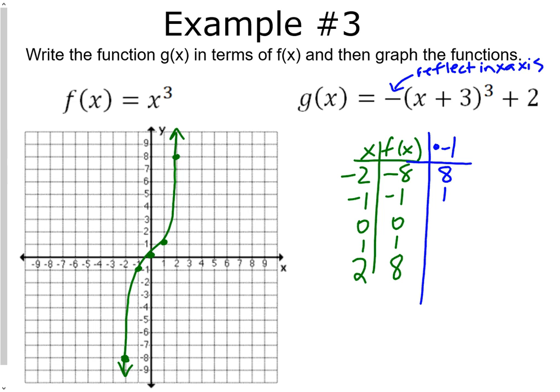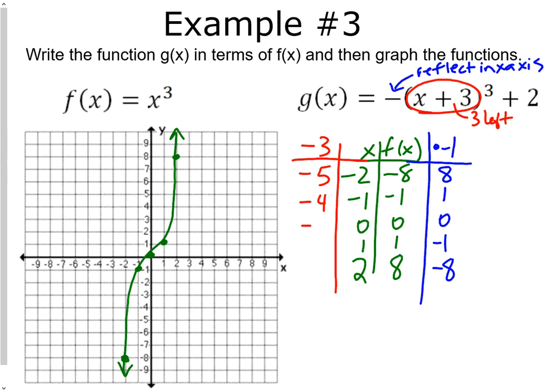So that's going to be 8, 1, 0, -1, -8. So that changes all my signs. Then I have this right here inside. So x + 3 actually means 3 to the left. Remember, it's the opposite sign. So I'm going to subtract 3 from my x values, which gives me -5, -4, -3, -2, -1.